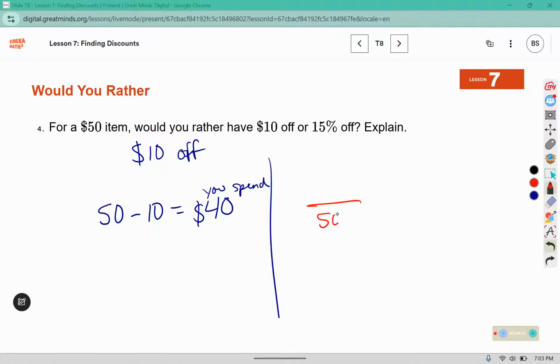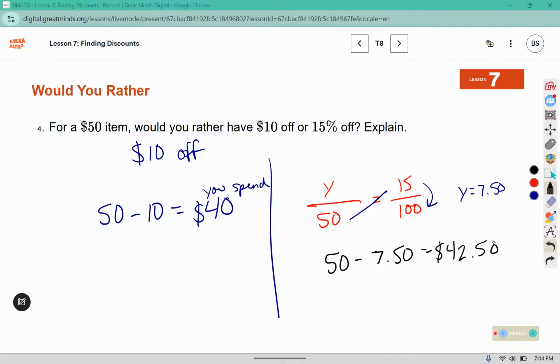Here, if we had 15% off, cross multiply, then divide. 50 times 15 divided by 100 would save you $7.50. So you would still spend $42.50.